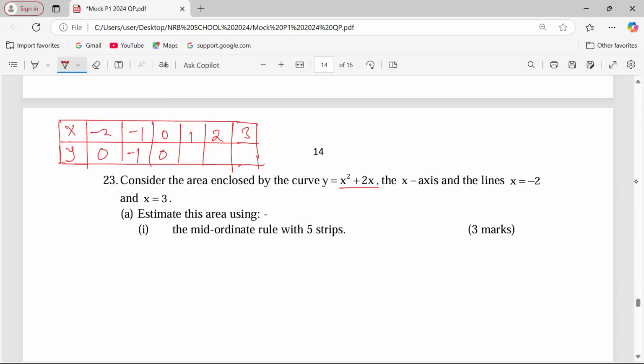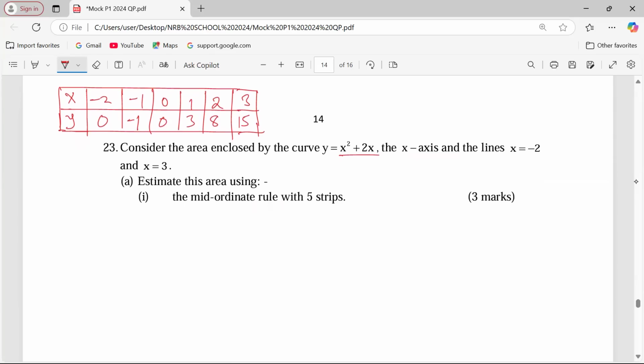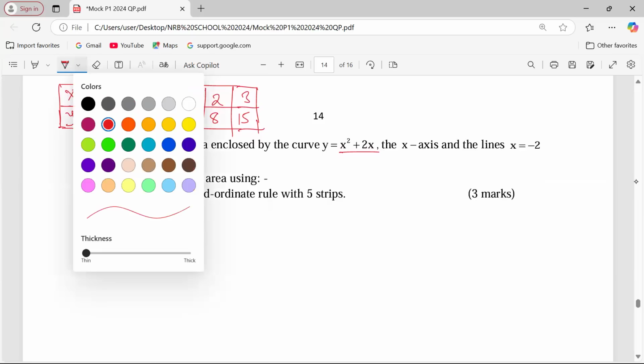When x equals 1, y is 3. When x is 2, I get 2 squared, that is 4, plus 2 into 2, which is again 4, so that gives 8. When x is 3, it is 3 squared, that's 9, plus 2 into 3, which is 6, and we get 15. Very simple. I'm doing this first table so that we may begin by doing a sketch of the curve.